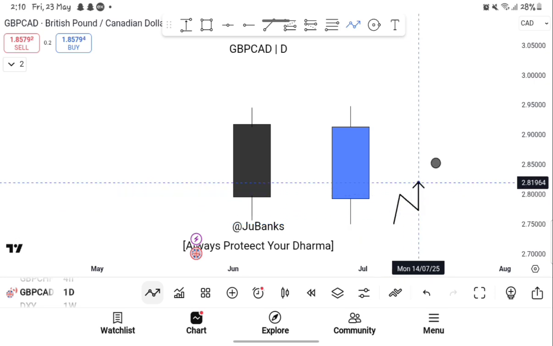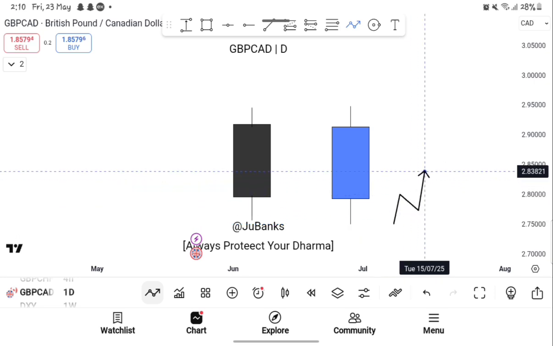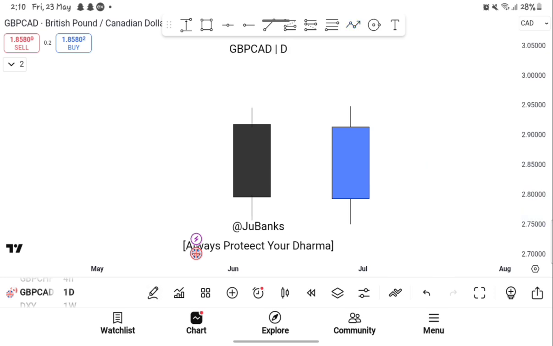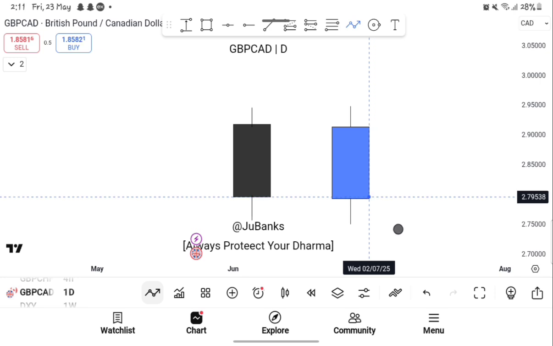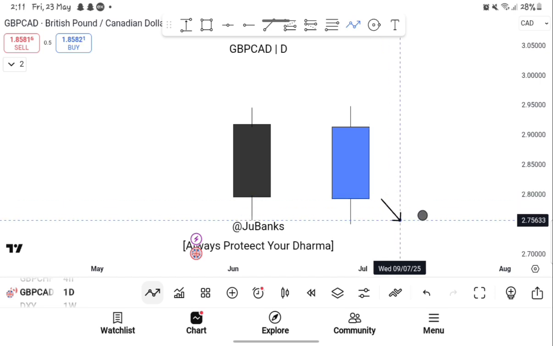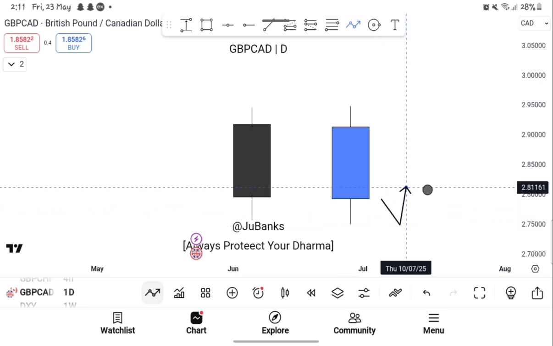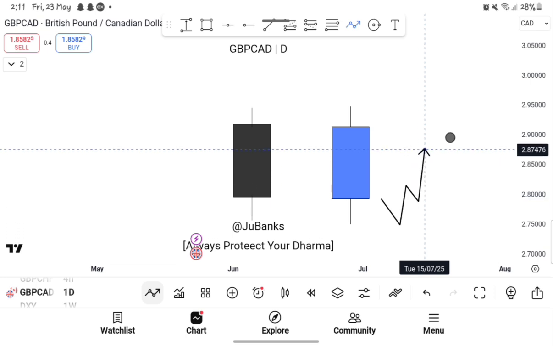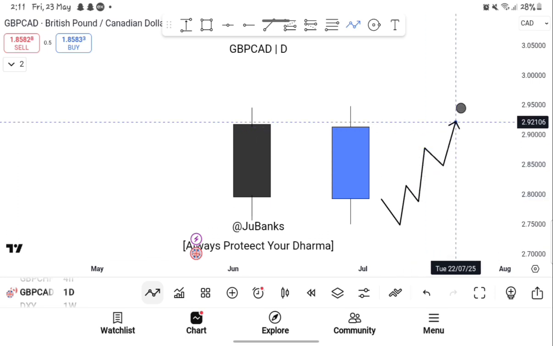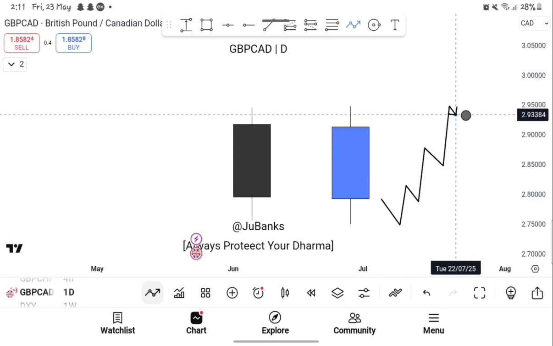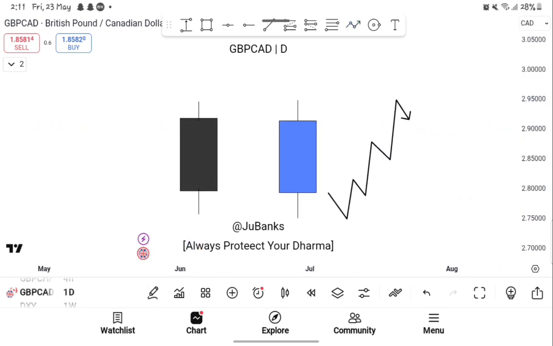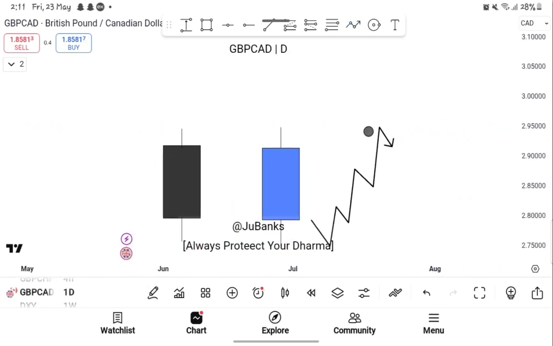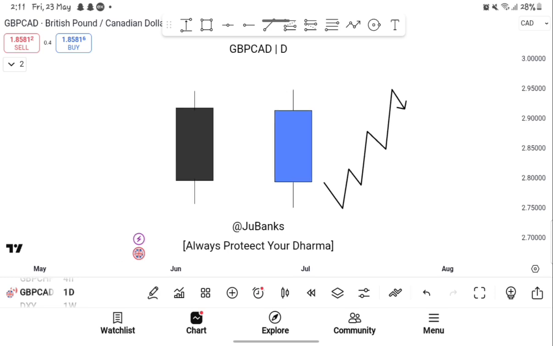So you might literally be seeing something like this, because it's starting from here. And it's a bullish candle. So you might literally be seeing a dip down here. Then it started going up right here, so it got to this point, and then it closed right here. Right. So this is what you'll be seeing for the bullish on a lower time frame.